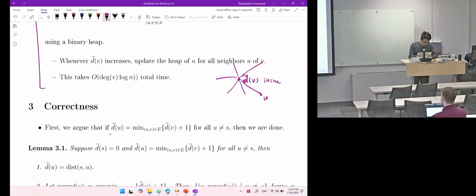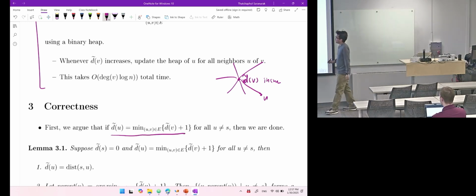Basically, I argue that at the end, after each update, when we stop updating our data structure, the estimate of everyone will be correct, will be this one.